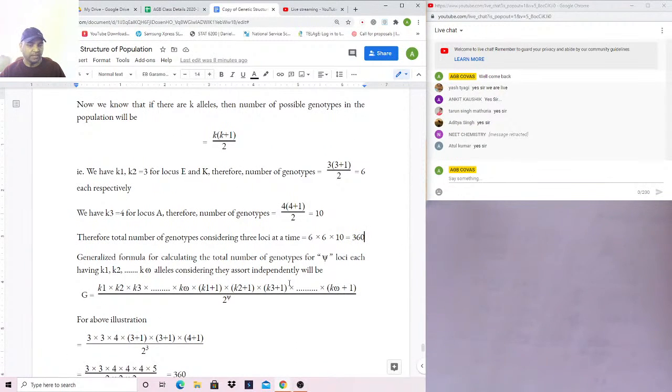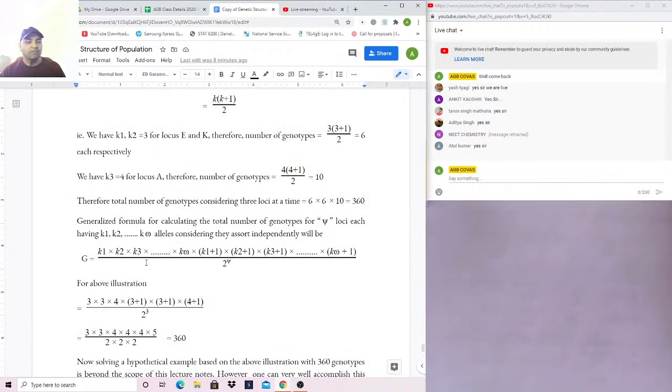types of genotypes. Okay. So basically a generalized formula for calculating the total number of genotypes for 5 loci, each having K1, K2, K omega alleles. That is, the number of genes here will be 5. I am using different notations so that these can be differentiated from one another.